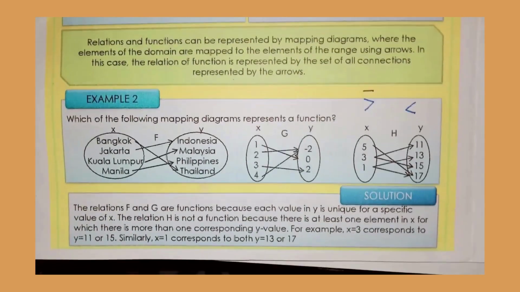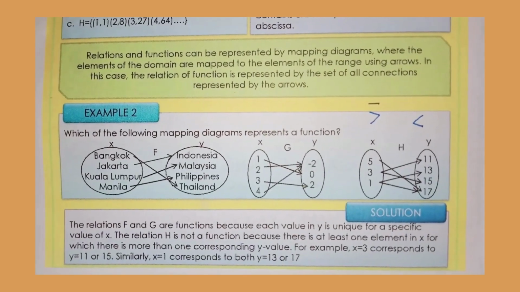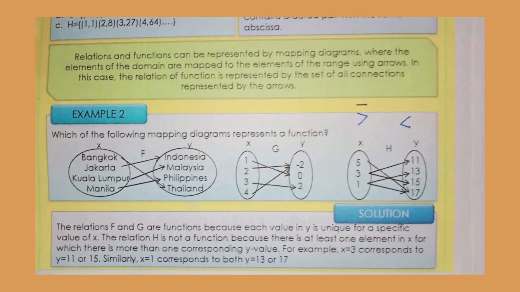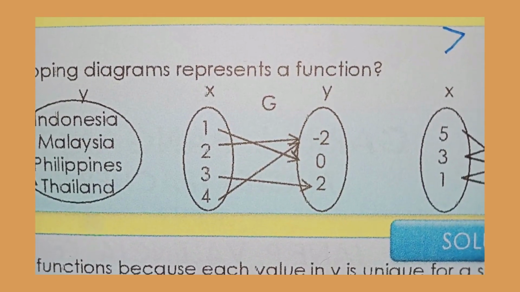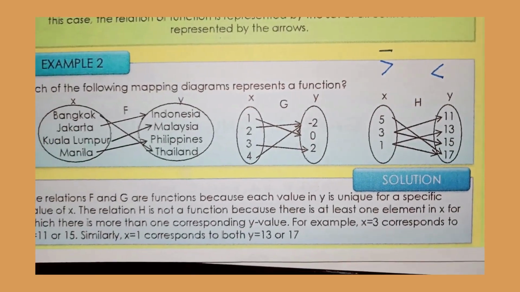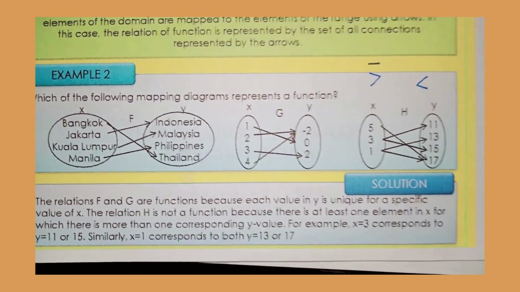Relations and functions can be represented by mapping diagrams where the elements of the domain are mapped to the elements of the range using arrows. So, ano ba yung mga mapping diagrams? Ito yung example niya. So, gumagamit naman tayo ng mga arrows to represent a function. Okay, paano natin malalaman kung ito ay function or not? Same rule.